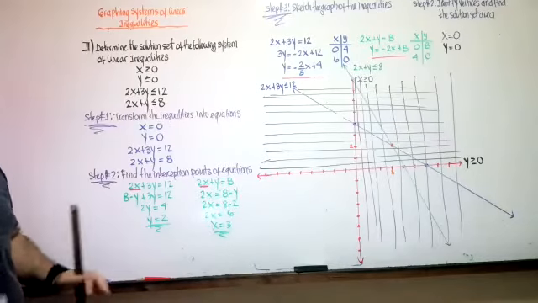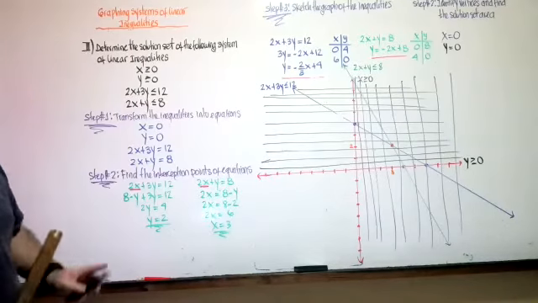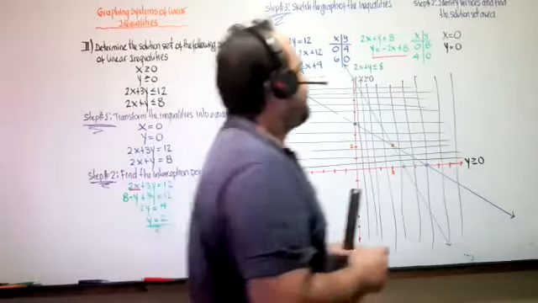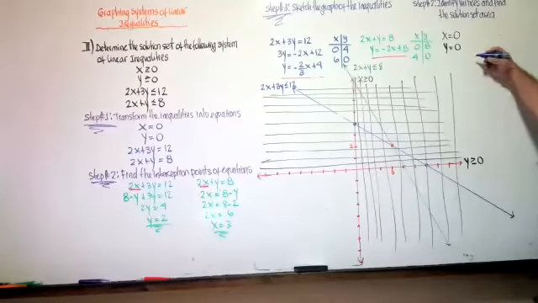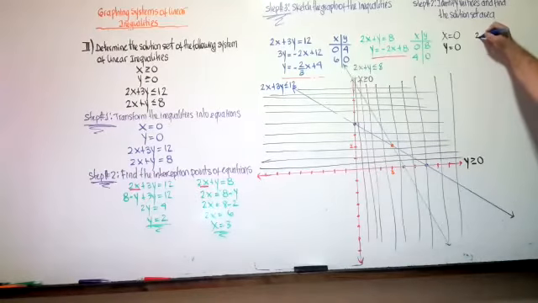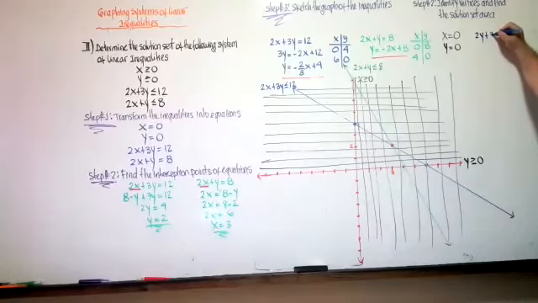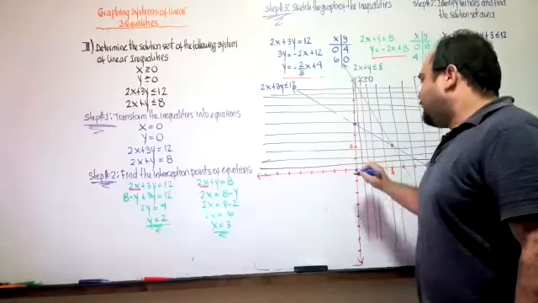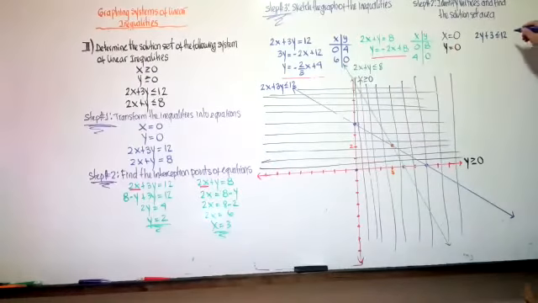Because the blue one and the green one, those are the complex equations. For example, if I create a touch point, I'm going to copy the inequality 2x plus 3y less than or equal to 12. And remember, the touch point I'm going to use will be the origin, 0 with 0.